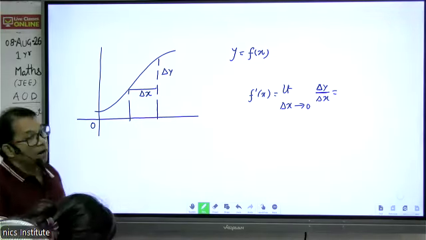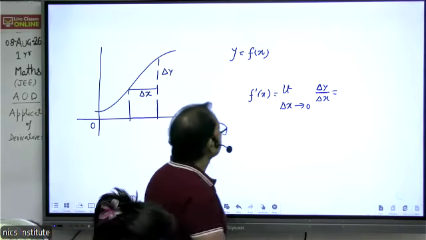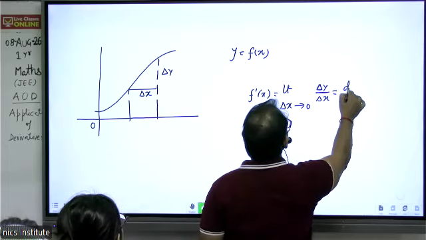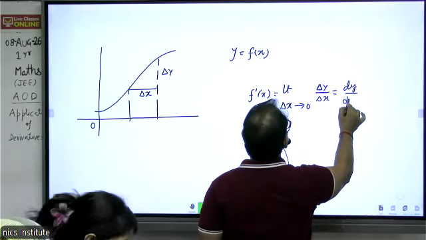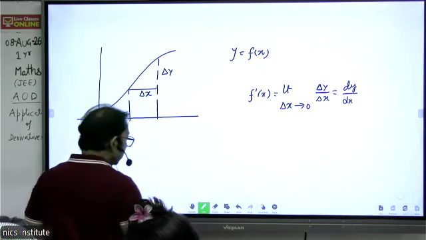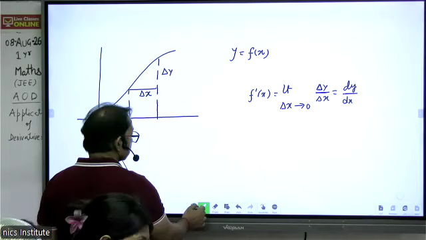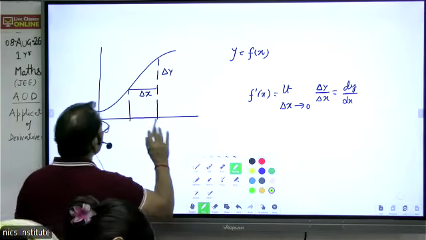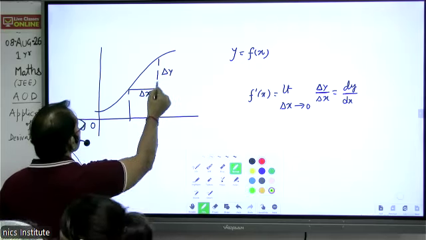So change in y with respect to change in x, but delta x is tending to 0. That means it is dy by dx. So dy by dx is the derivative of y with respect to x. Now let's see what this gives physically. This is delta y, this is delta x.